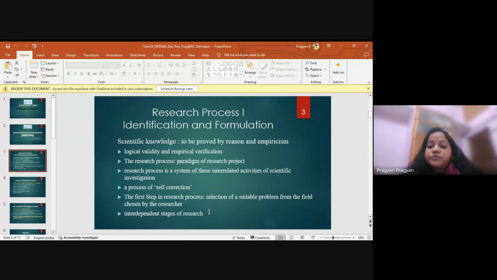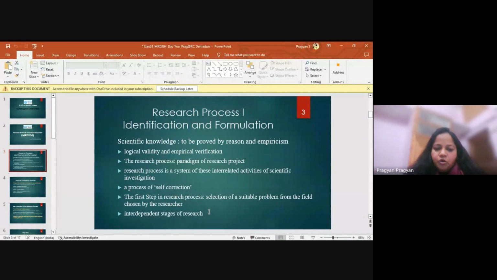Then how can you suggest ways or alternatives for the betterment of those outcomes that are desired in that particular development program? So it has to be simple, precise, and clear.